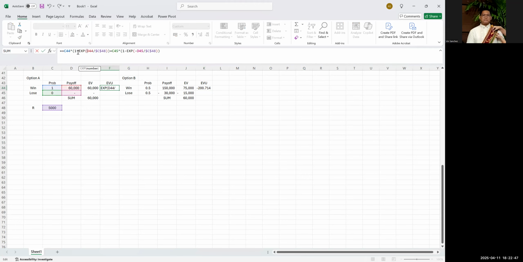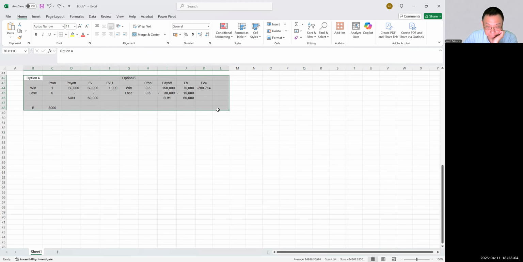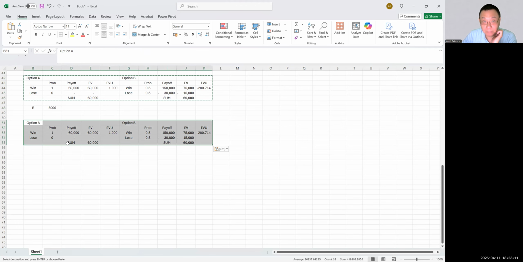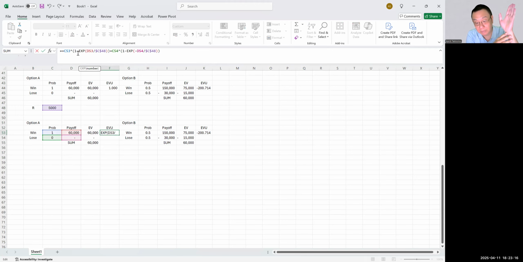So we take this. You can put it in different cells so that you can compare. It's exactly the same, but now instead of 1 minus, now it is the exponent minus 1.